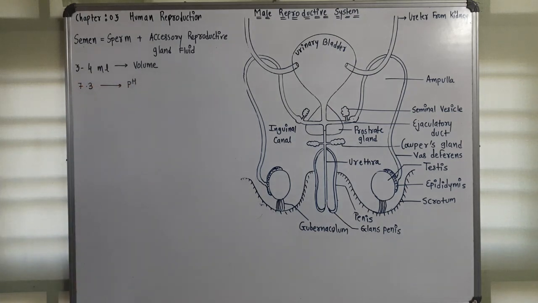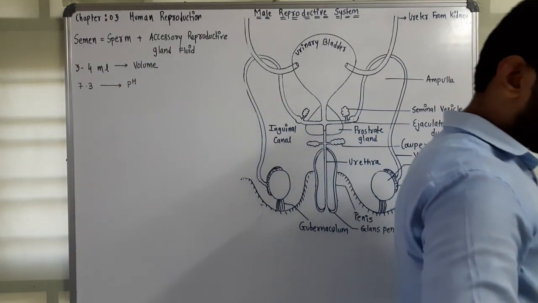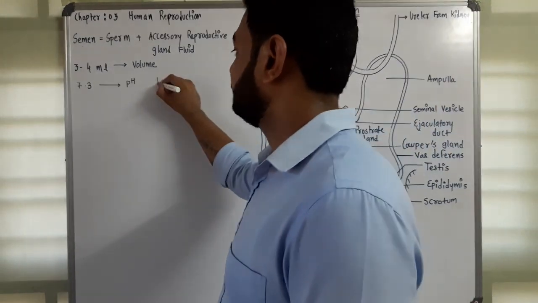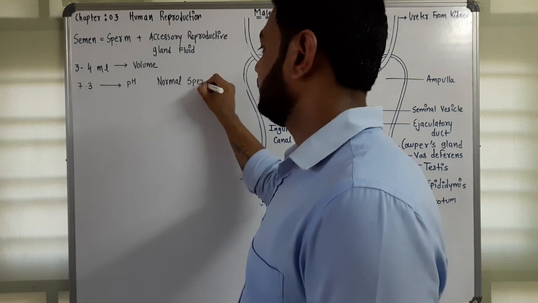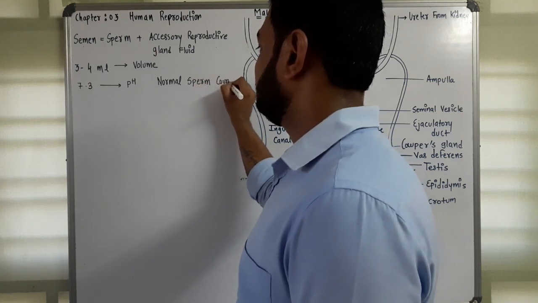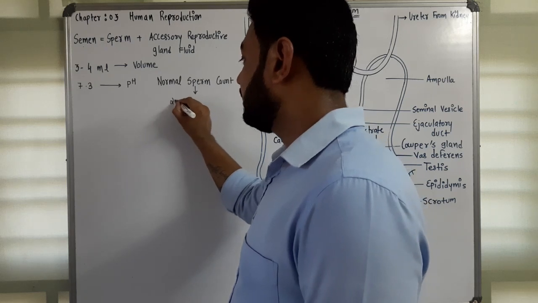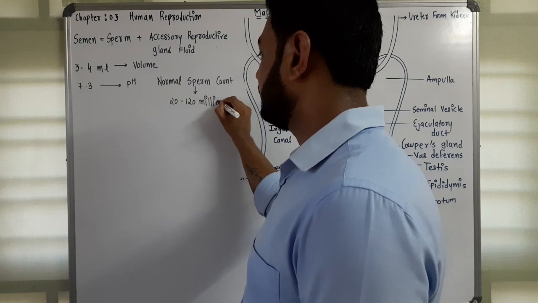Now, during a single ejaculation, the normal sperm count is approximately 20 to 120 million per ml.